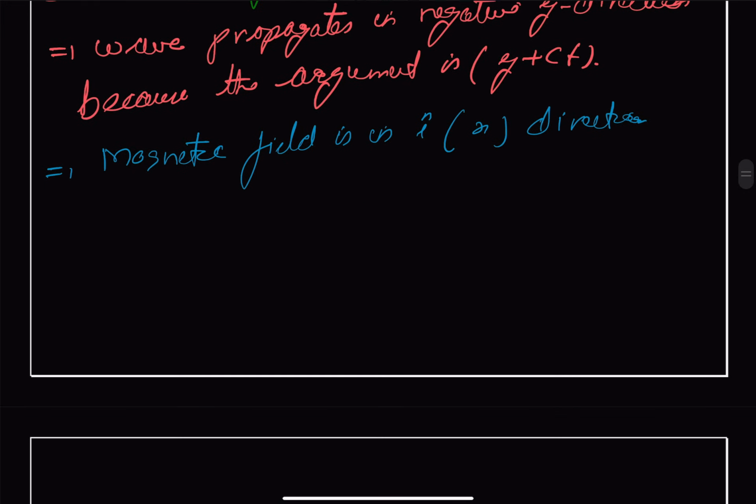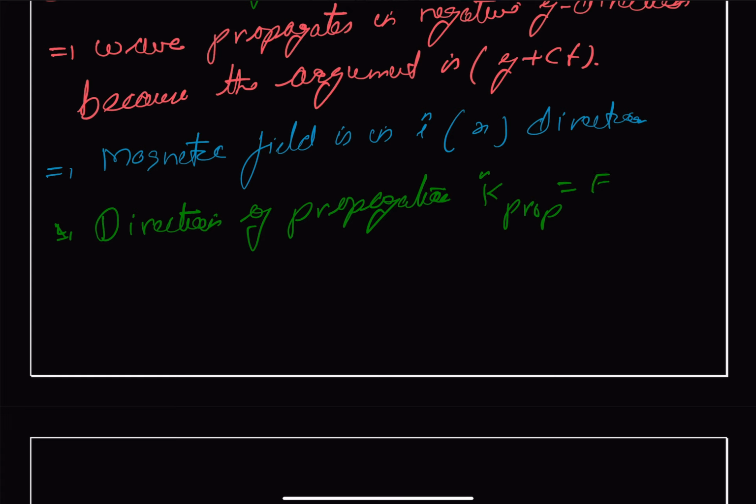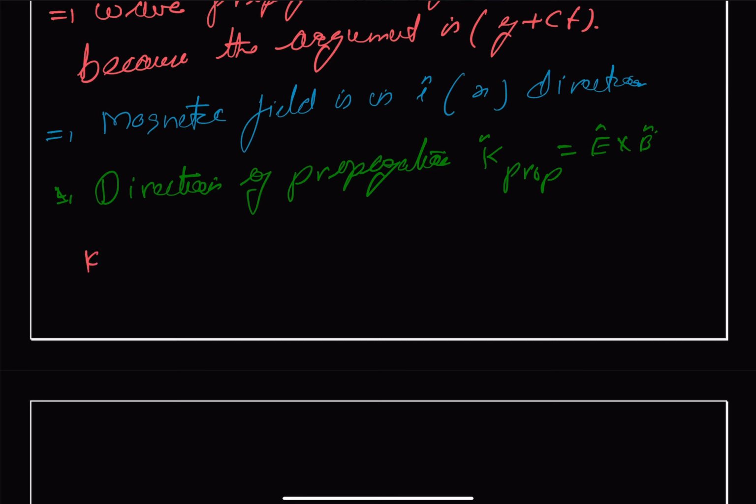And we know that our direction of propagation, that is our k unit of propagation, will be equal to the cross product of electric field and magnetic field unit vectors, and this propagation is in the negative y direction. So this will be minus of j.